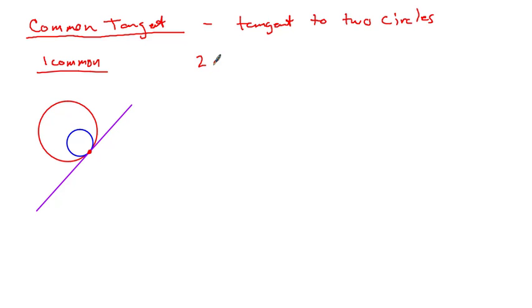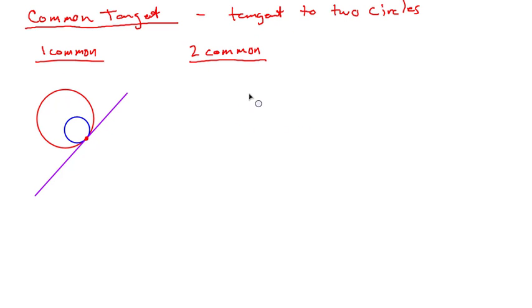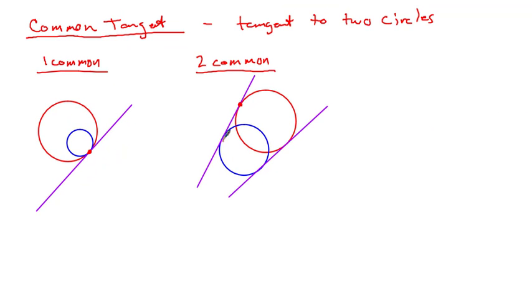So we can have two common. We have a large circle, and then we have a little bit smaller one. And so they each have a line that's tangent to them, but there's two different ways it can happen. Okay, then we can go to three common.